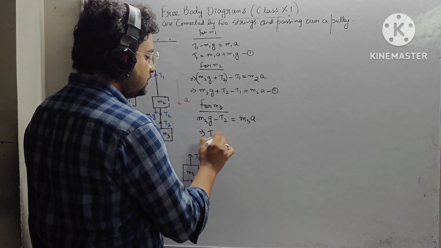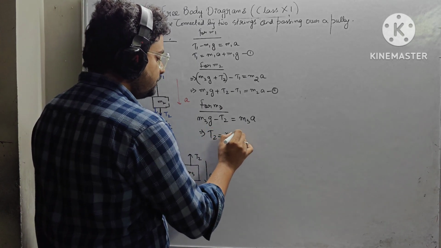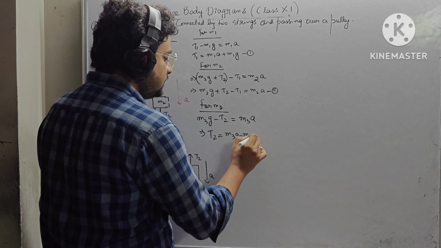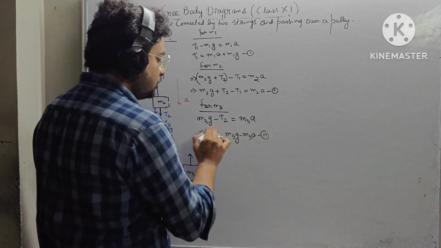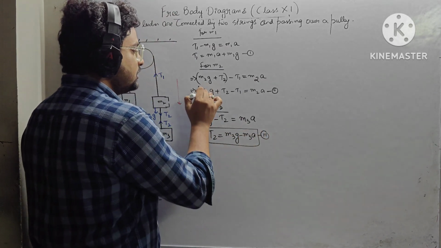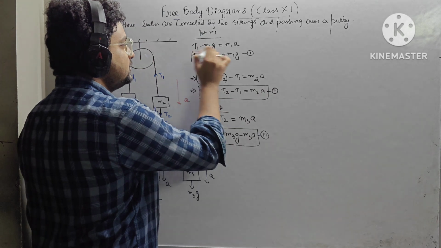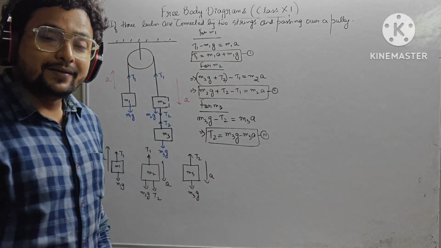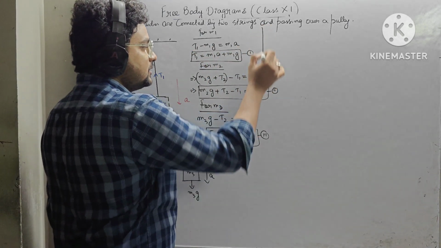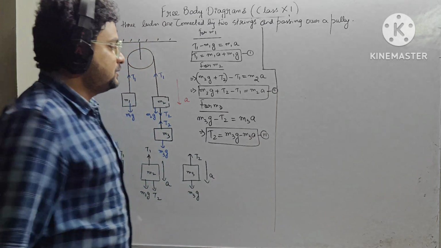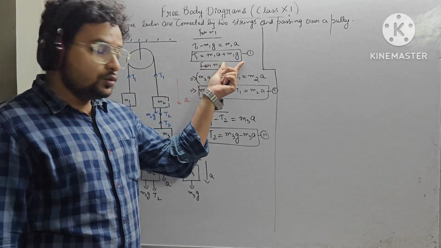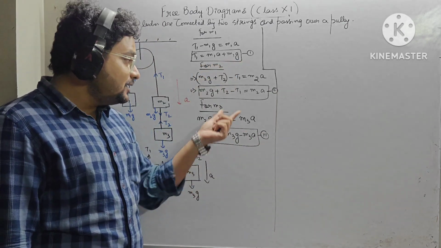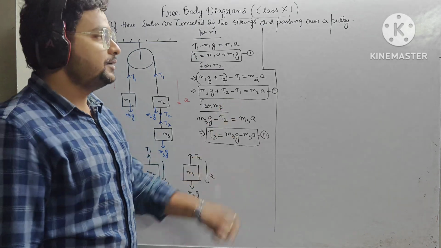From here I can find out T2 will be equal to M3G minus M3A. This is your third equation. So see, these are the three equations that we are getting. Our task is to find out the acceleration. So how to find out the acceleration? Put equation 1 and equation 3 in equation 2. Okay, let us solve.